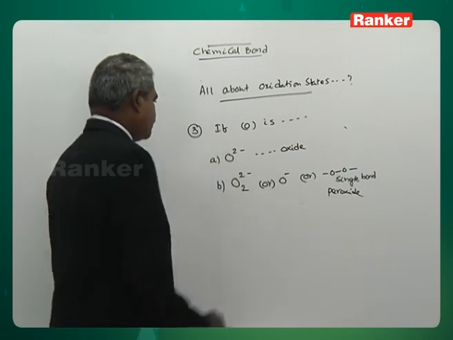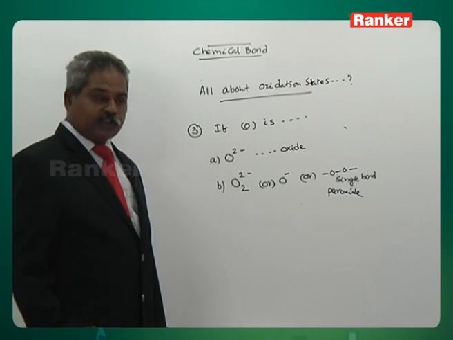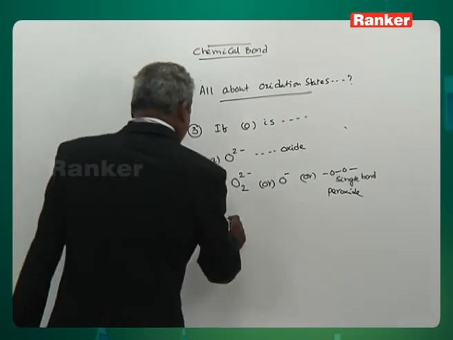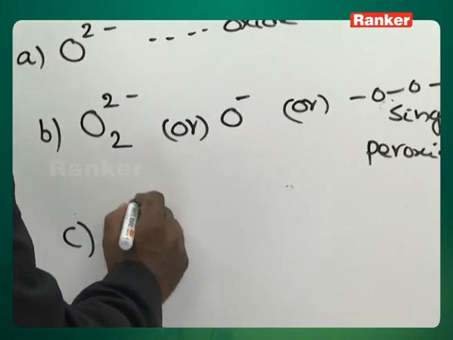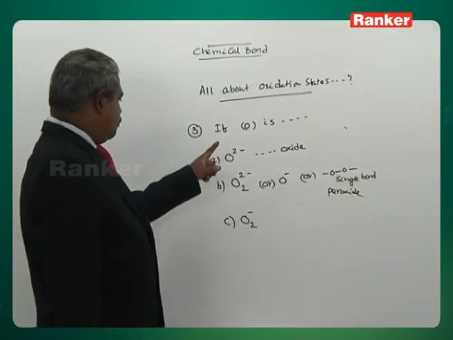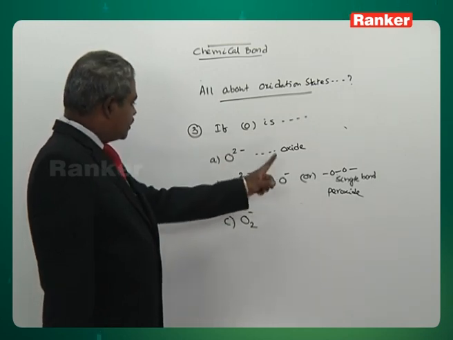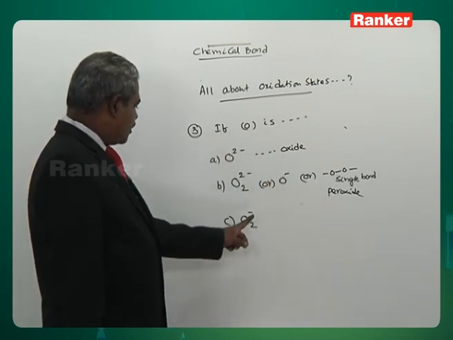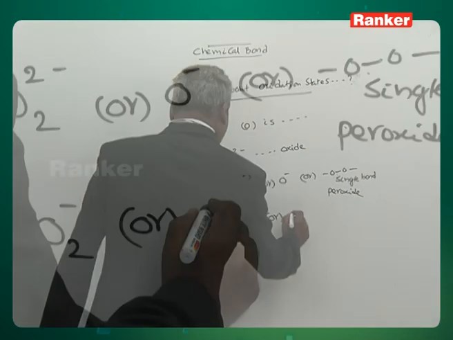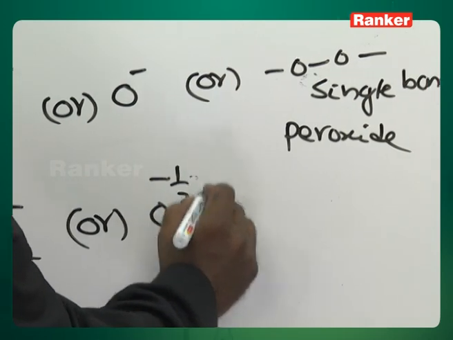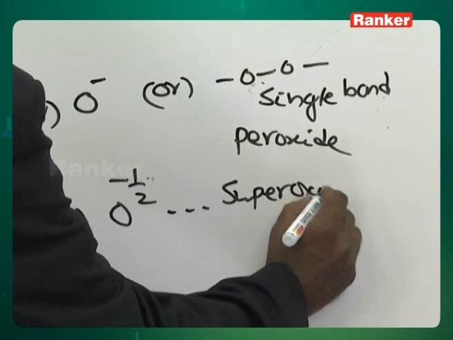If oxygen gets minus 2, it is an oxide. If oxygen gets minus 1, it is a peroxide. And if oxygen gets minus half, that is O2 minus 1, here 1 oxygen gets 2 electrons, here 1 oxygen gets 1 electron, here 1 oxygen gets half an electron only, O minus half, it is called a superoxide.